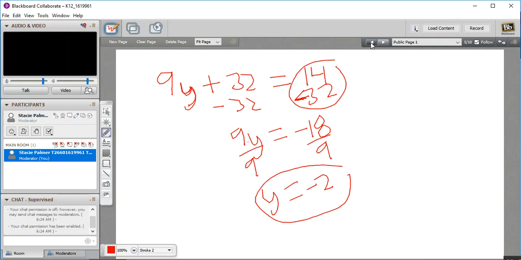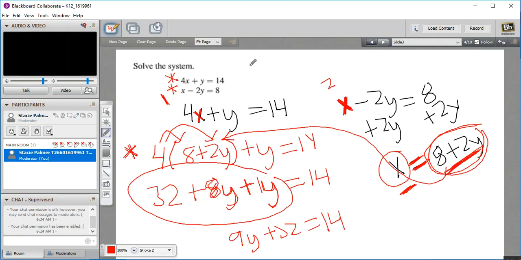So now let's go back to our original screen. We now know that y equals negative 2. So in order to find an ordered pair that's our solution, we need an x value and we need a y value. We know that our y value is negative 2.